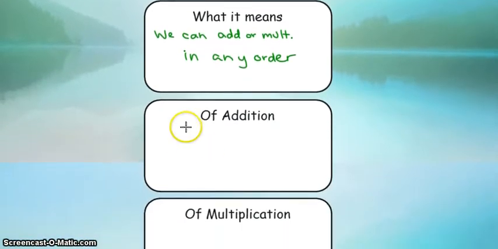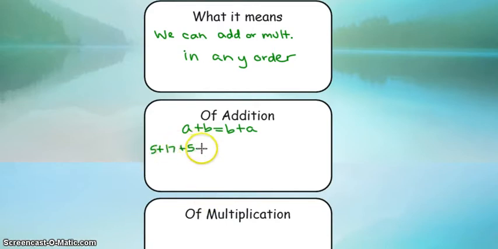Okay, so of addition, in variables or in algebra, it's a plus b equals b plus a. So if we add any two things together, we can switch them around. One example of this is 5 plus 17 plus 5. Instead of adding left to right, where we have to do 5 plus 17 and then plus 5, it's going to be easier to switch the 5 and 17 around the last two.